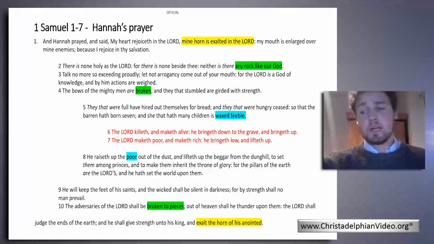And it is God that's working there to bring down those that make themselves high and lift themselves up, and that he's going to lift up those that are humble enough to accept his direction.